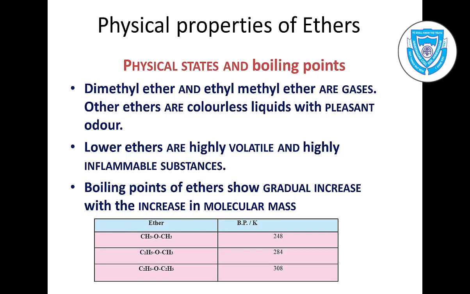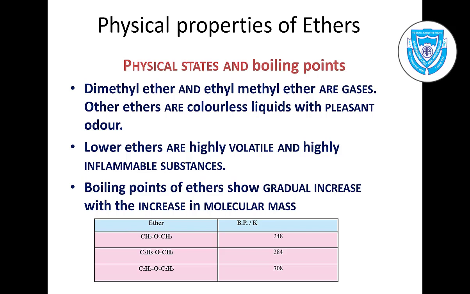They are highly volatile and highly inflammable substances. The lower members of ethers, that is dimethyl ether and ethyl methyl ether, are gaseous. Other ethers are also colorless and have a pleasant odor. When we talk about the boiling points of ethers, it is the same as that of alcohols and phenols.